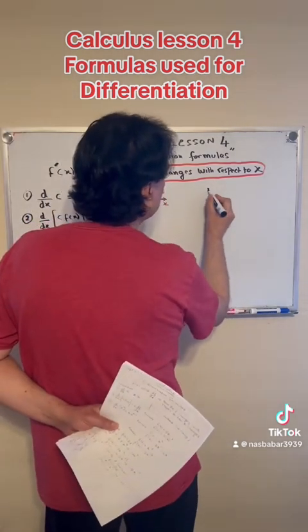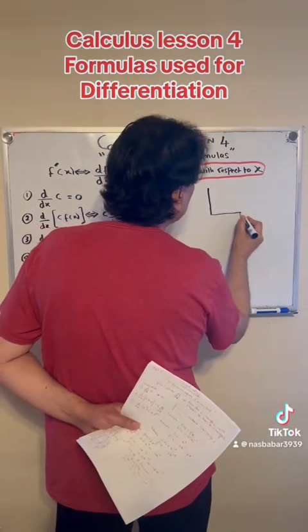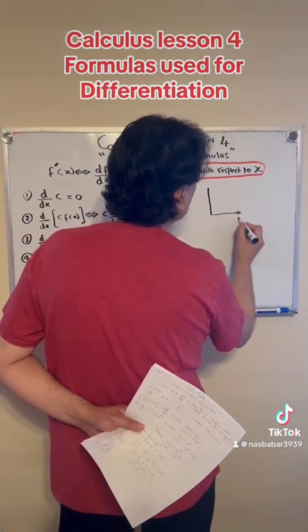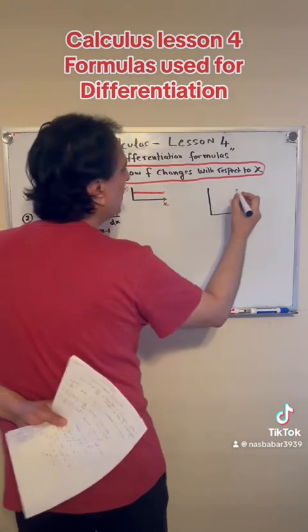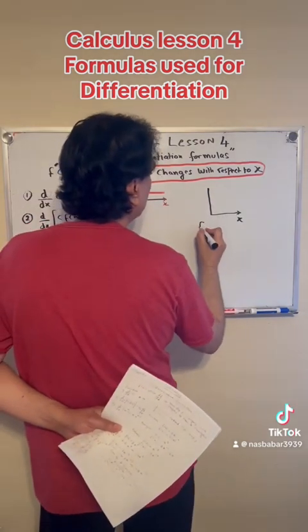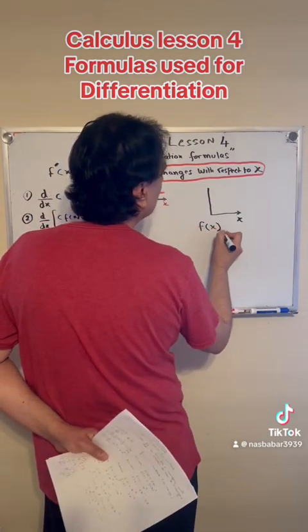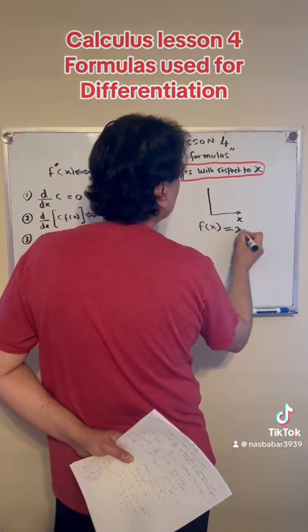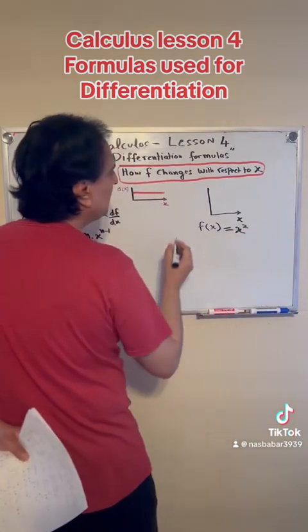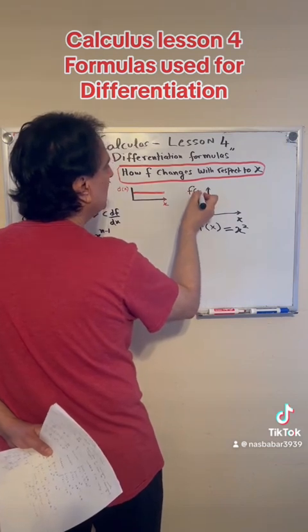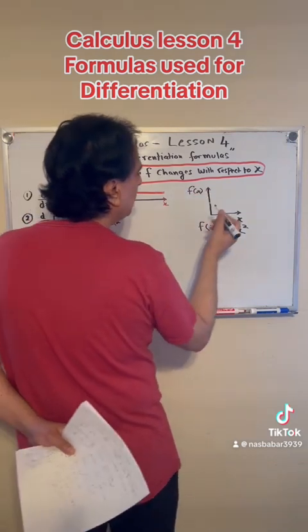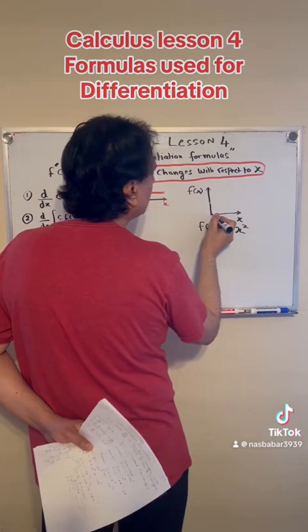So if you've got a y-axis and an x-axis, essentially, if you have a function of x, let's say f(x) is equal to x squared, your graph is going to look something like this, like a parabola shape.